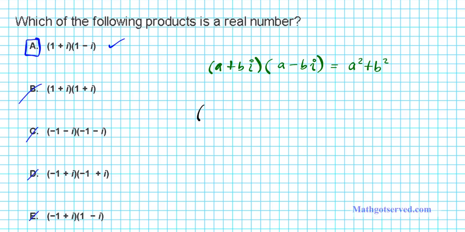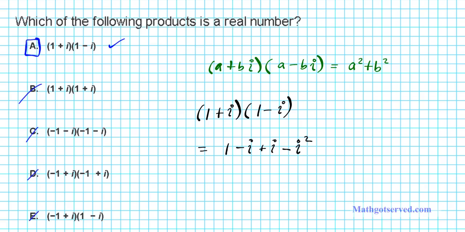Now let's go ahead and show you that our answer is in fact correct. We're going to find the product of these two complex numbers and see if our result is real. So we're going to expand this. 1 times 1 is 1. 1 times negative i is negative i. Positive i times 1 is positive i. Positive i times negative i is negative i squared.